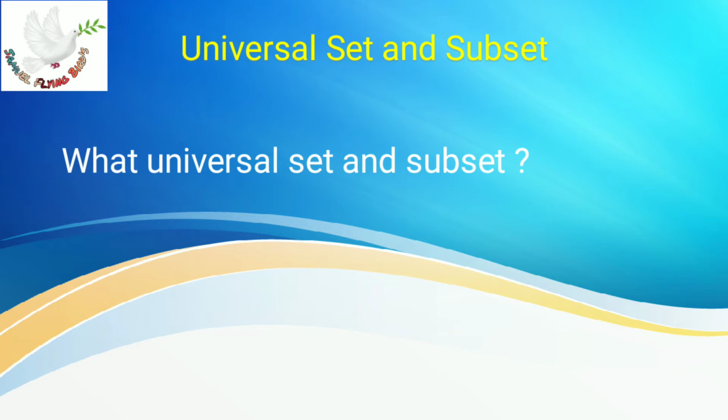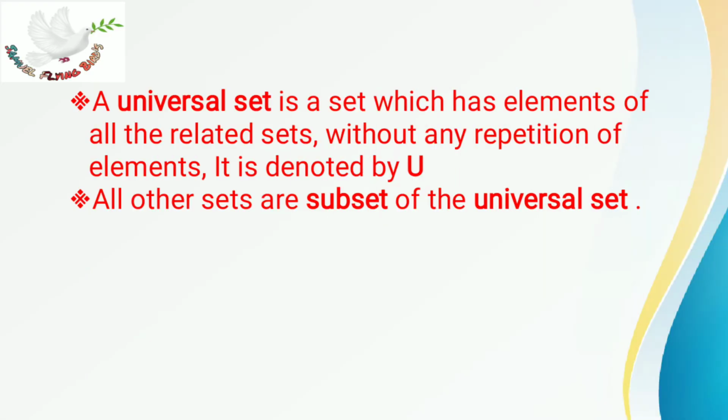What are a universal set and a subset? A universal set is a set which has the elements of all the related sets without any repetition of elements. It is denoted by U. It means we have a set which consists of all the elements, including alphabets or numbers, or it may be anything, but it is related to only one set of elements, and it is a complete set.